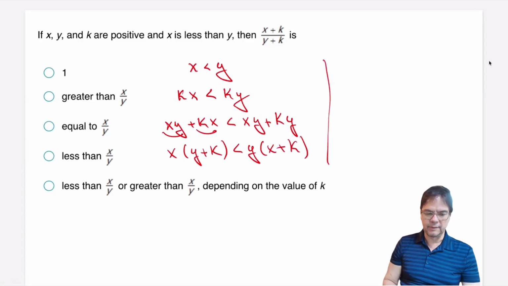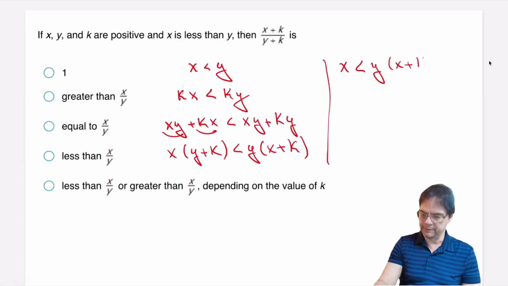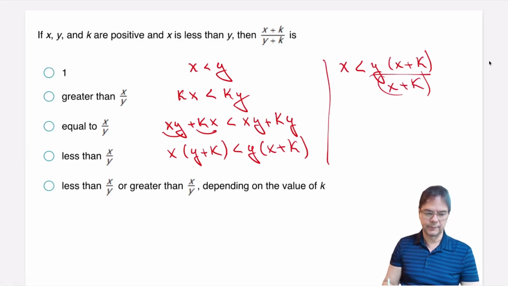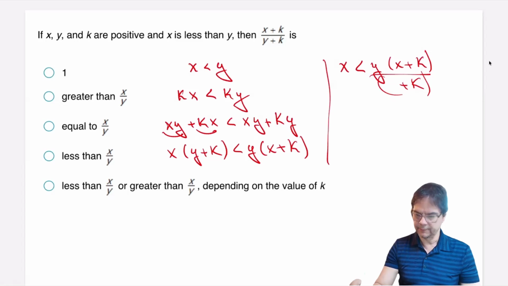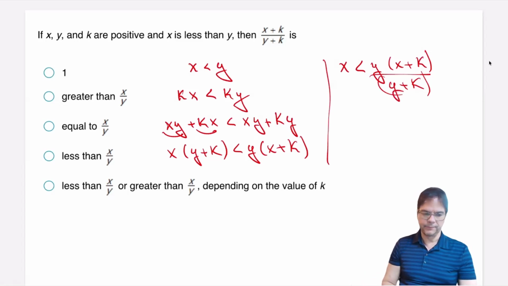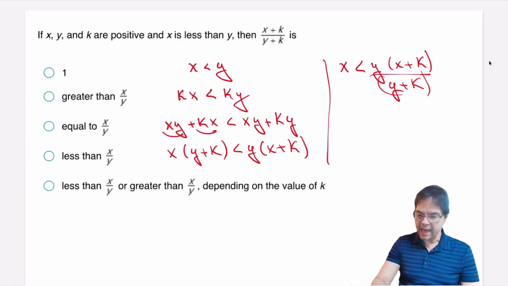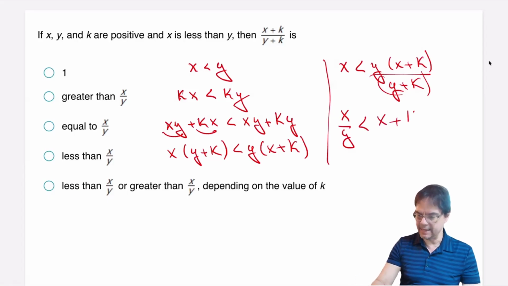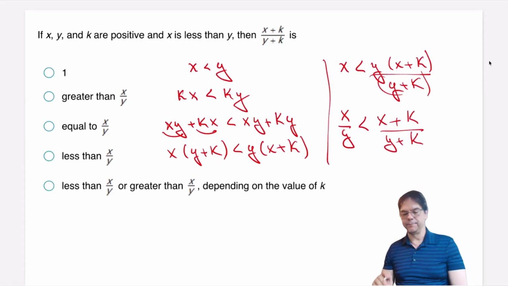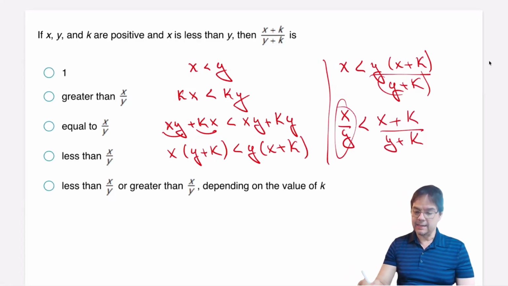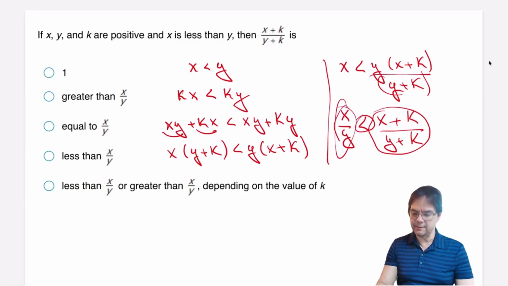So now I will isolate X. X less than Y, X plus K, Y plus K. So I have X over Y is less than X plus K over Y plus K. So this is greater than this.